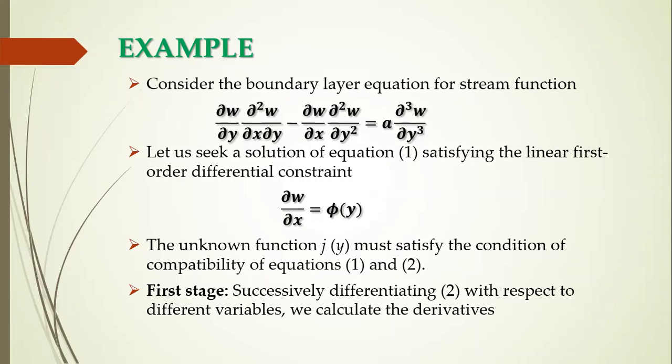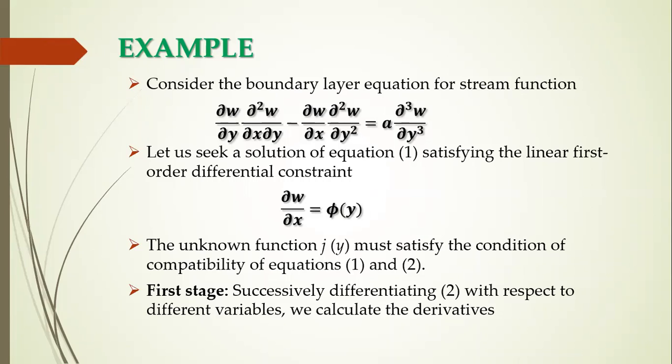Let us seek a solution of equation 1 satisfying the linear first order differential constraint ∂w/∂x = φ(y). The unknown function φ(y) satisfies the condition of compatibility of equations 1 and 2.